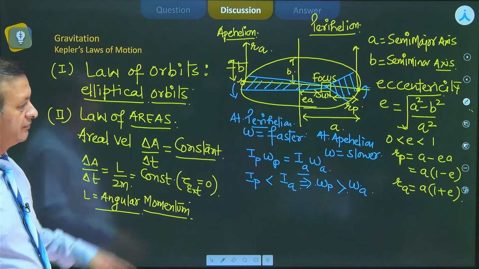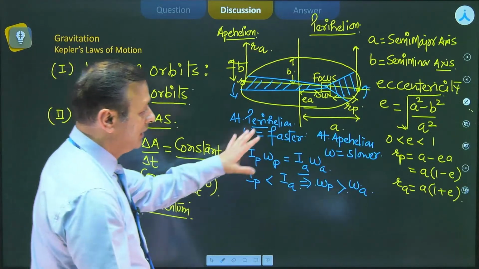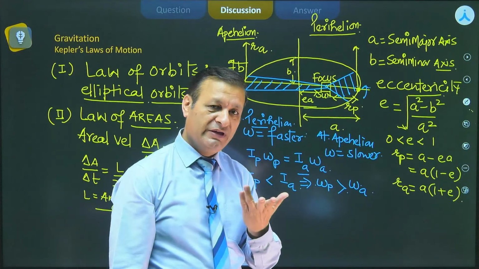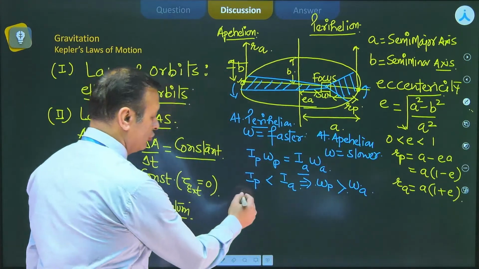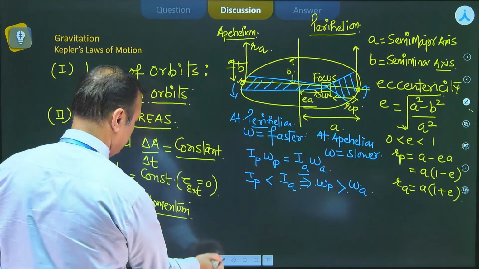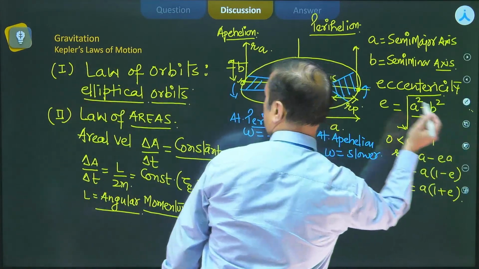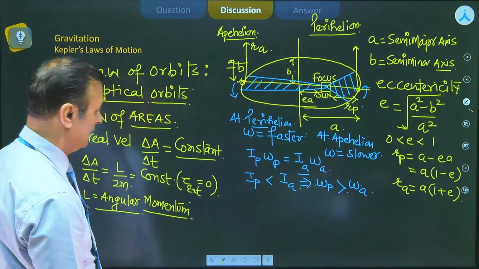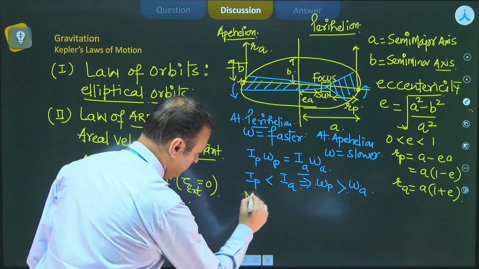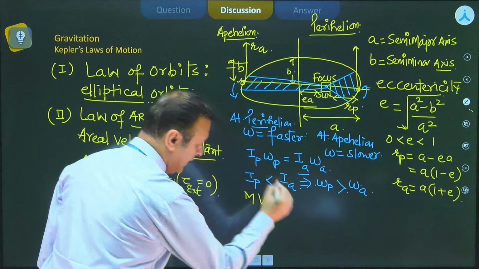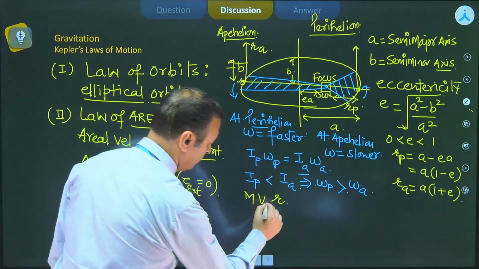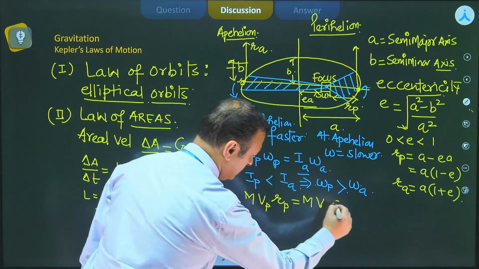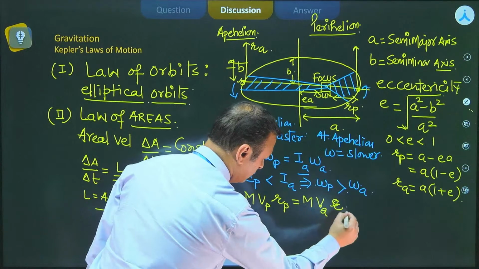Sure? Now, if I ask you to compare their linear speeds also, can we? So by conservation of angular momentum, M V R at perihelion position is equal to M V R at aphelion position.